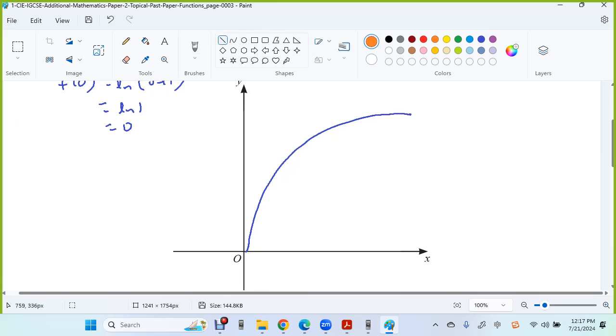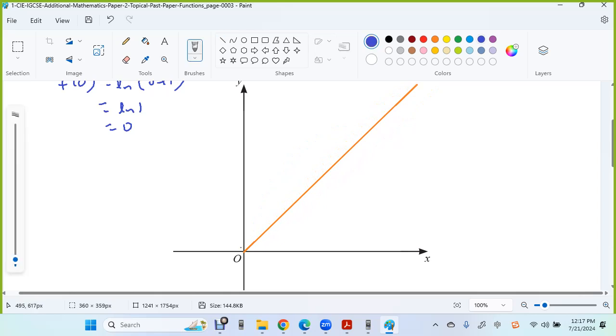Then we will have a y equal to x graph here. Hold on. So we have a y equal to x here. Then the graph is something like this.